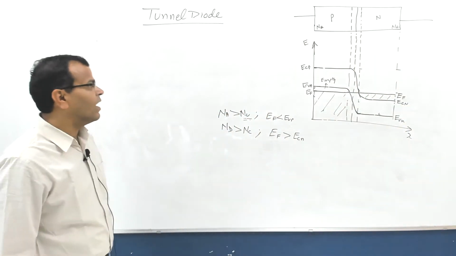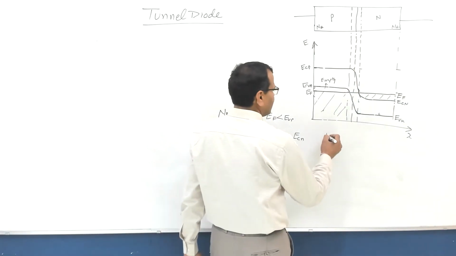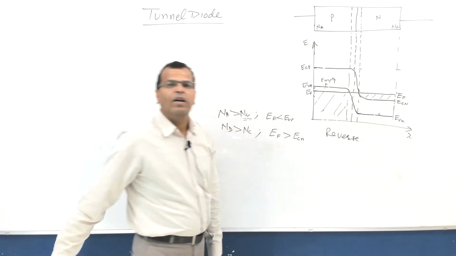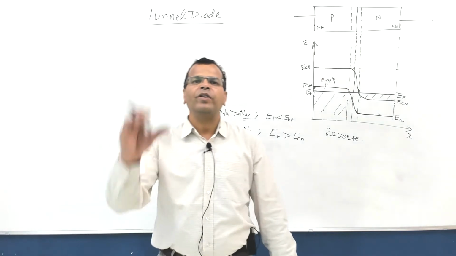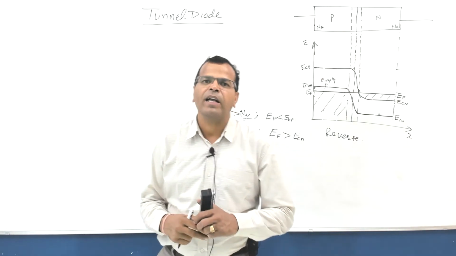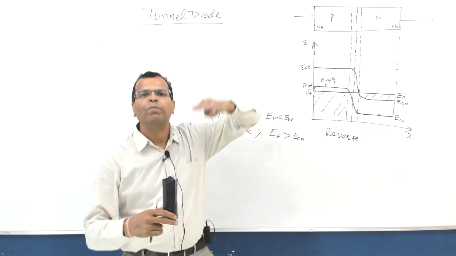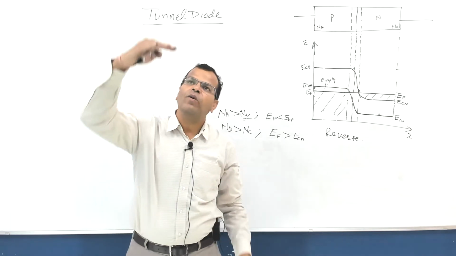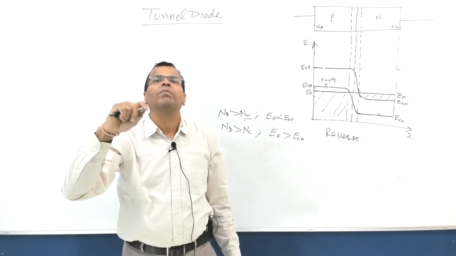Now, I will reverse bias it. Suppose I reverse bias it. Due to reverse biasing, try to recall the Fermi levels. When a diode is reverse biased, the Fermi level on the P side shifts upward and the Fermi level on the N side shifts downward. By how much?